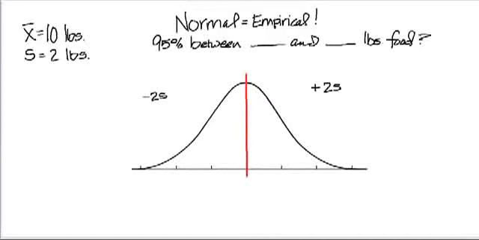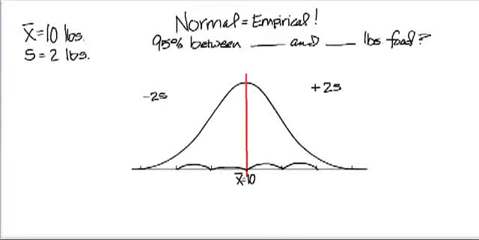So what I also know is that X bar is right here, and it's equal to 10. I also know that every standard deviation that I move is the exact same distance up and down the curve, because that's why we call it the standard deviation.